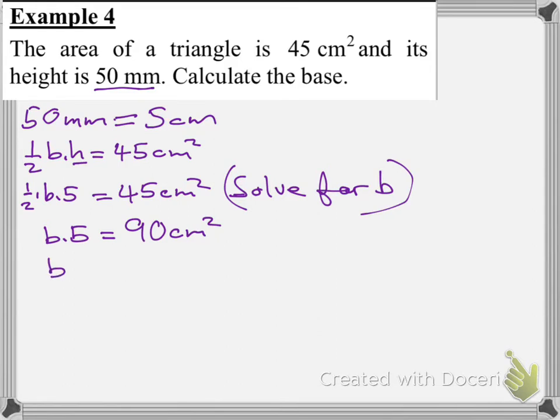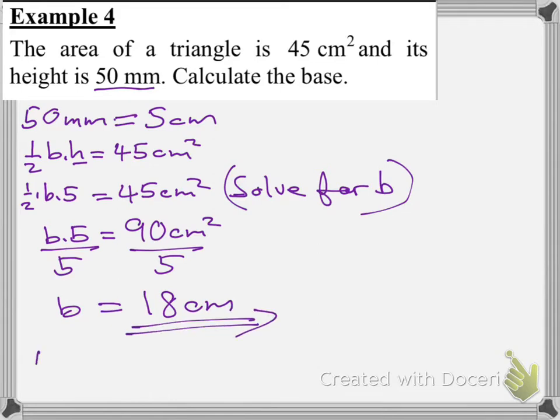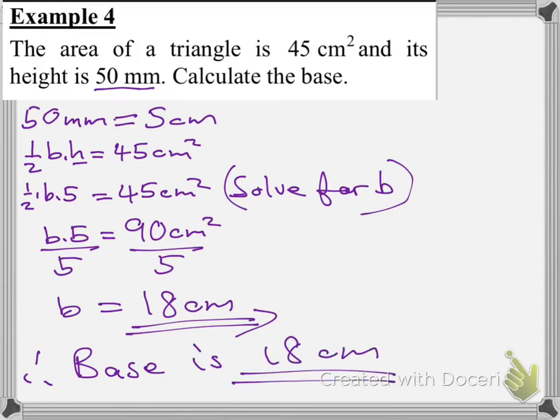If we divide both sides by 5 centimeters, your b will be equal to 18 centimeters. So we can say therefore the base is 18 centimeters. That is your answer.